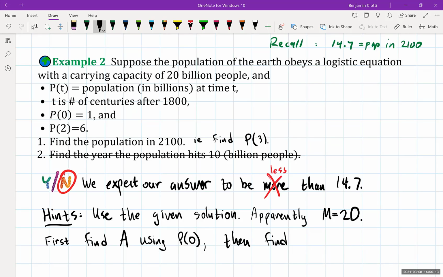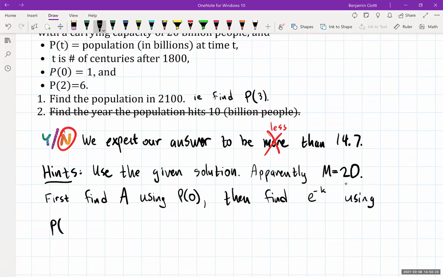Then, and this is going to be the hard part, then find e to the negative k using P of 2 equals 6. That one is going to be kind of ugly.